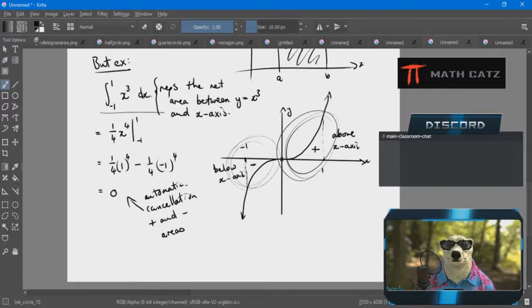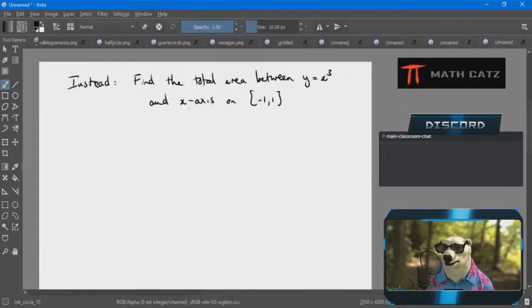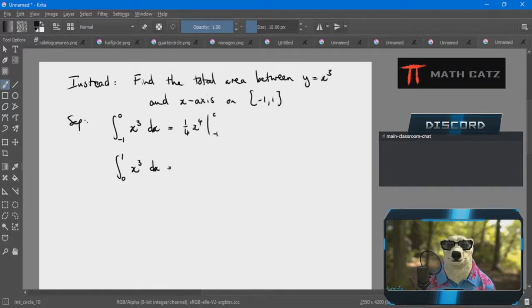Now the crossing here happens at 0, so I have to manually separate from -1 to 0, calculate that. From 0 to 1, calculate that. Now the antiderivative is going to be the same, so it's not two completely separate ones.